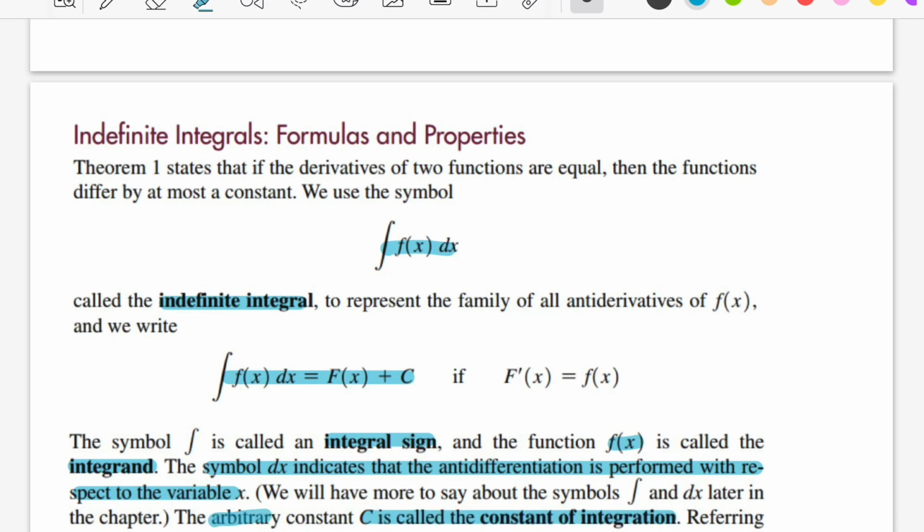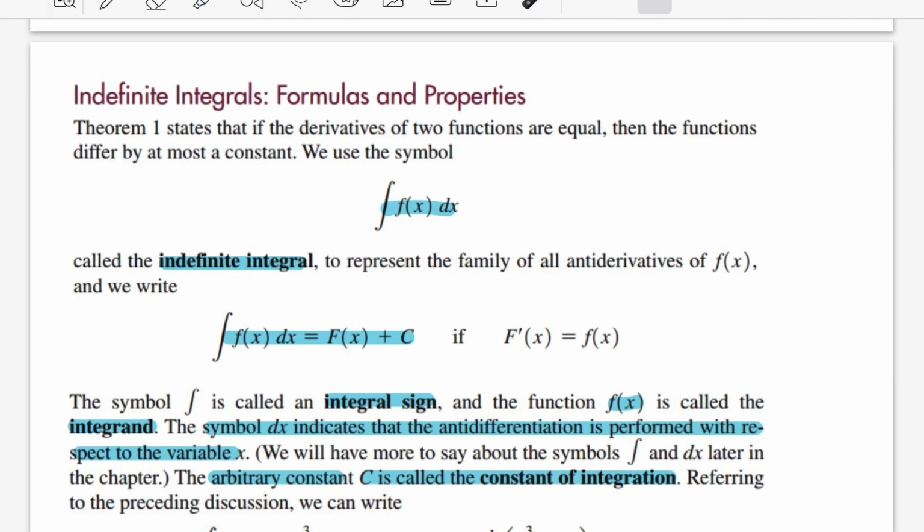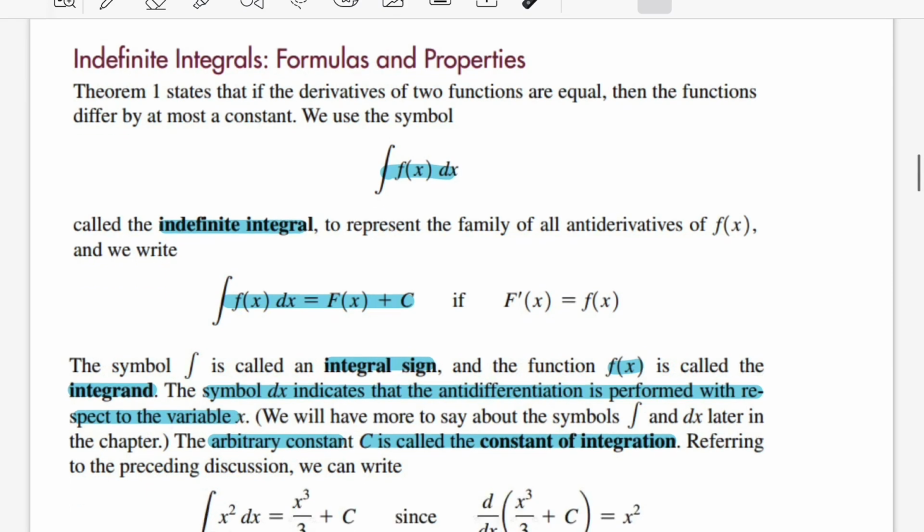This is some arbitrary constant, as we saw in the last example. And so referring to the very first example we looked at, where we said x cubed over 3 plus c was the antiderivative of x squared, we can write it using our indefinite integral symbol, since again we said that the derivative of our antiderivative here is equal to our original function.